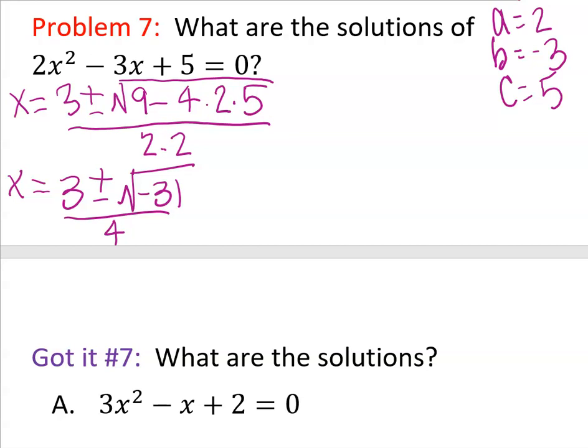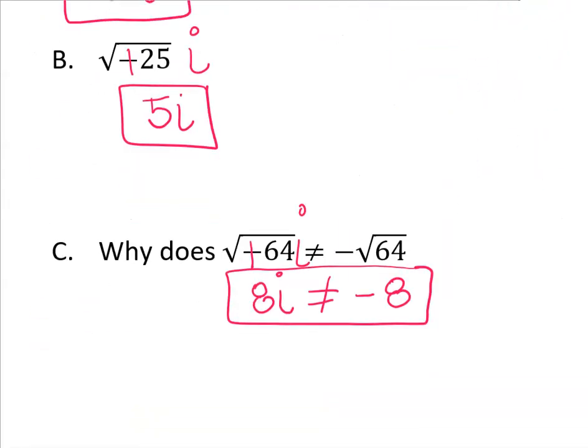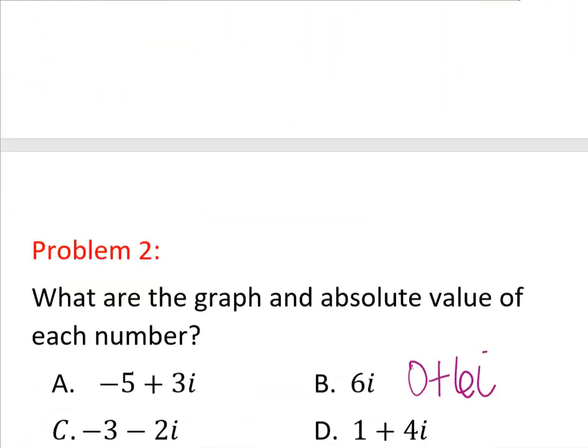The negative under the square root, we're going to turn into an i. And can we simplify the square root of 31? No. Okay, so this one looks a little bit different here.